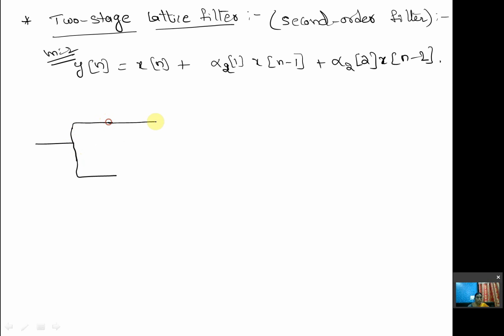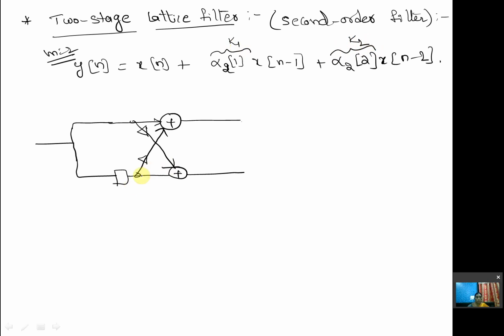Very simple. First write adders, and then delay, then adders. Now here is the first stage output. Here this has the coefficient. Let this one be k1 and this one be k2, the reflection coefficients.